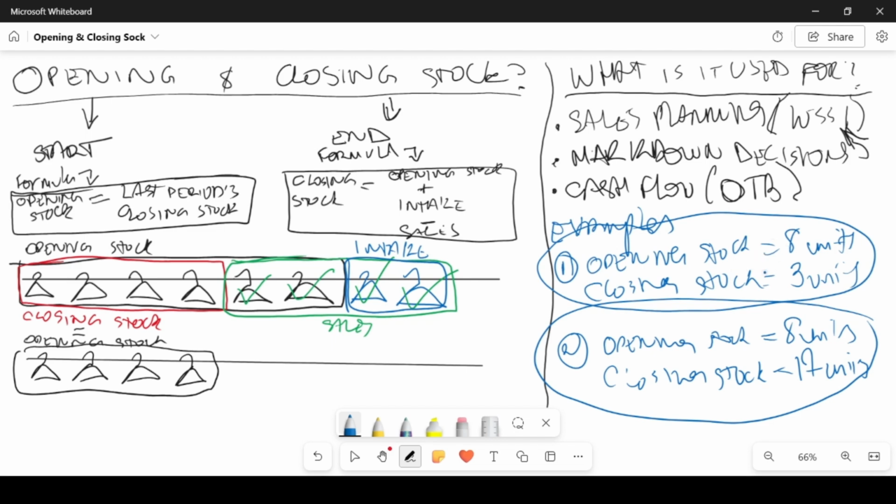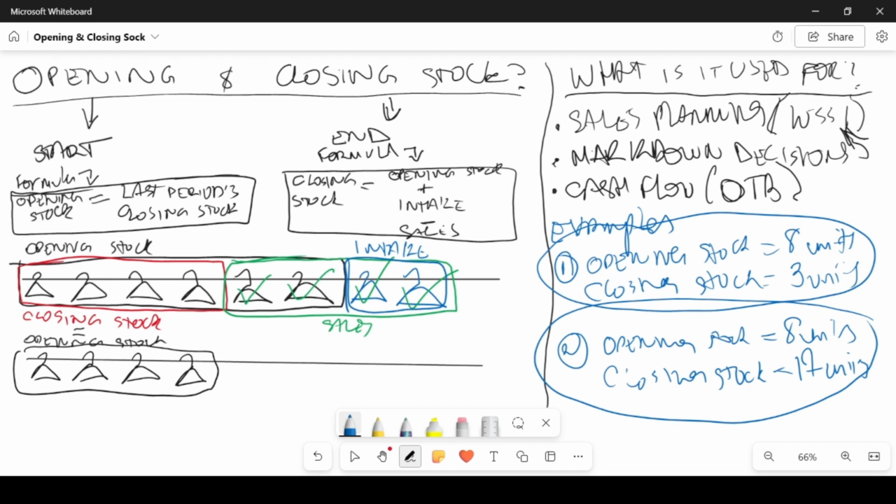Then our second example, we have opening stock of 8 units and then closing stock of 17 units. So what we would see here is that our rate of sale is on the slower side. It's not where we want it to be. We want to be fairly level, and maybe we took delivery in this week.